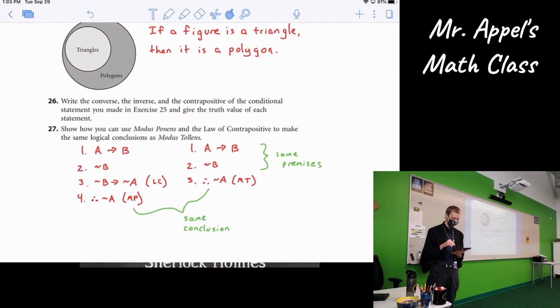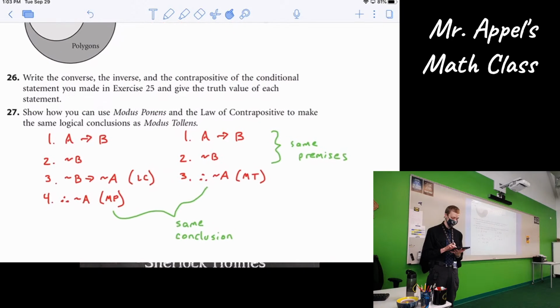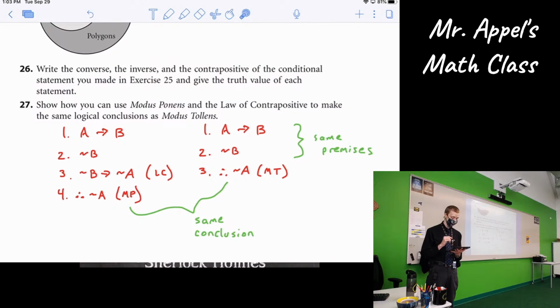And then finally, 27, as I alluded to in class, you could write two very similar logical arguments that show modus ponens combined with law of contrapositive is equivalent to modus tollens. So here I have if A, then B, and not B. By law of contrapositive, I can say if not B, then not A, changing that conditional around.